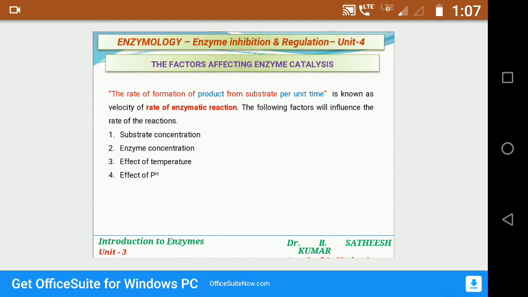This is one of the key factors that affect the enzyme activity, because if the substrate concentration is not adequate, then the enzyme activity will also be lower than its original capacity. So that is why the substrate concentration definitely affects the enzyme activity.